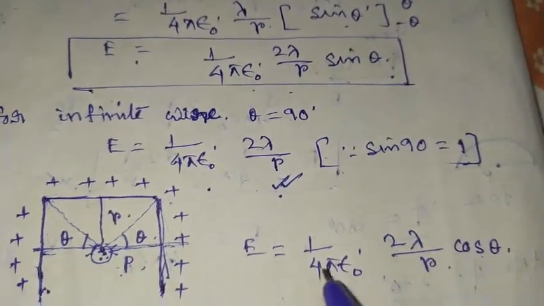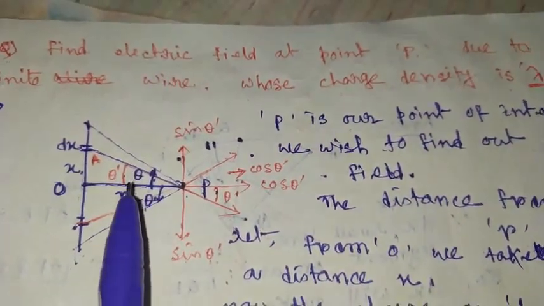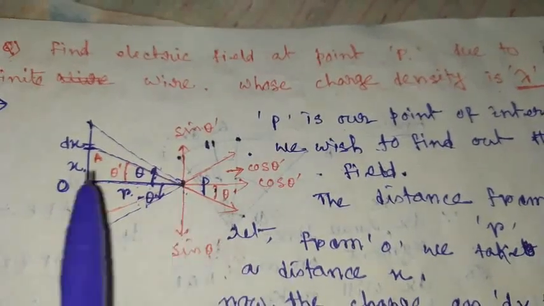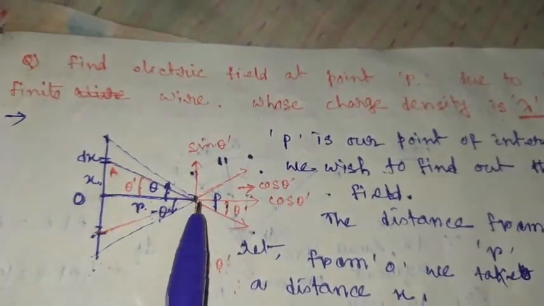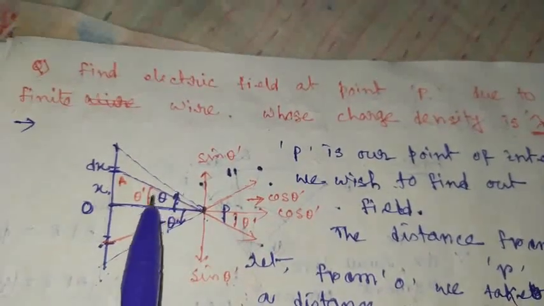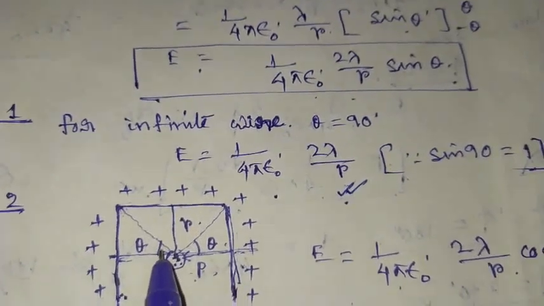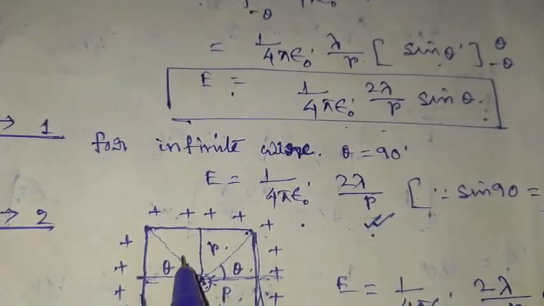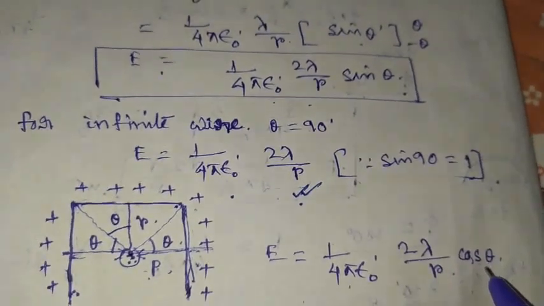If you are wondering why cos theta comes here, then in this figure you can closely observe that theta is the angle between the line joining the point where we want to find the electric field and the wire element for which we have found the electric field at point P. If theta were the angle here, then cos theta would be replaced by sin theta.